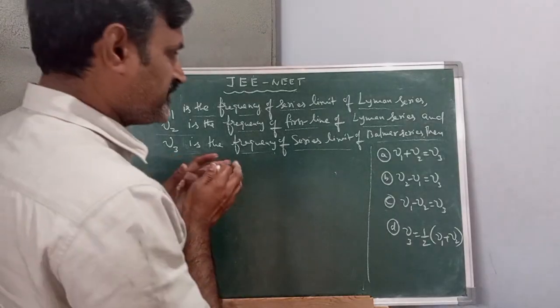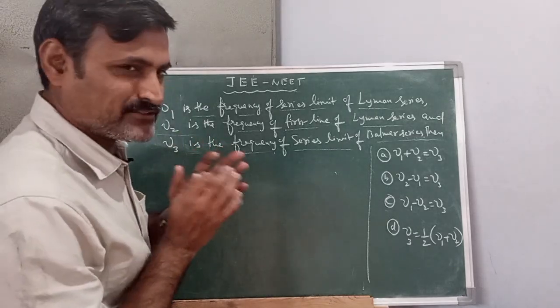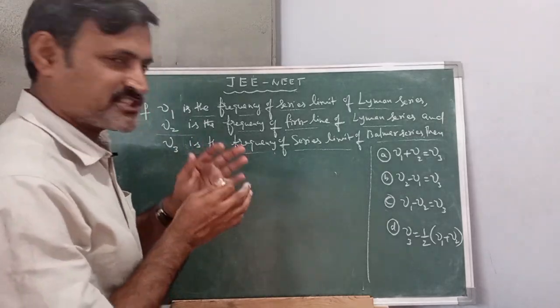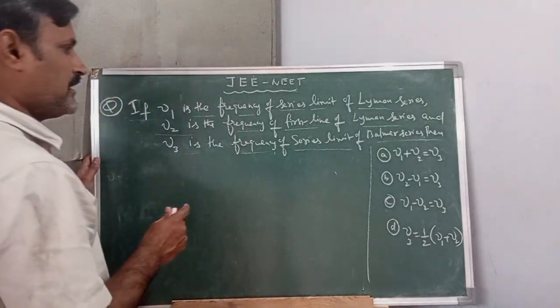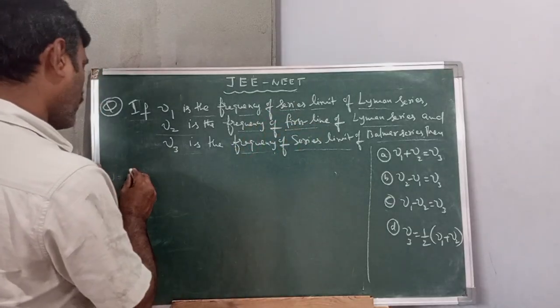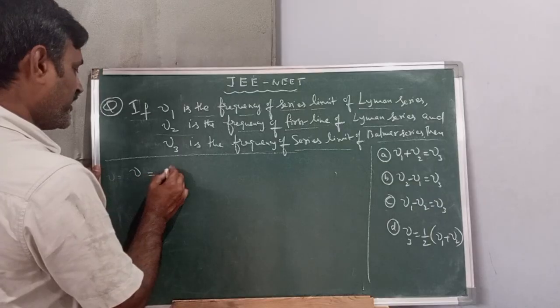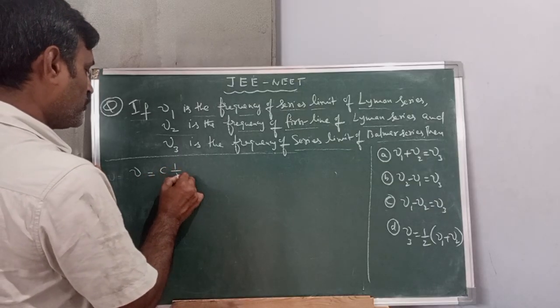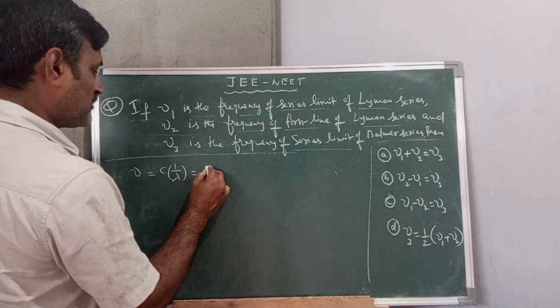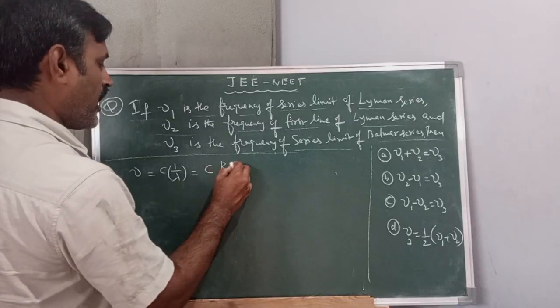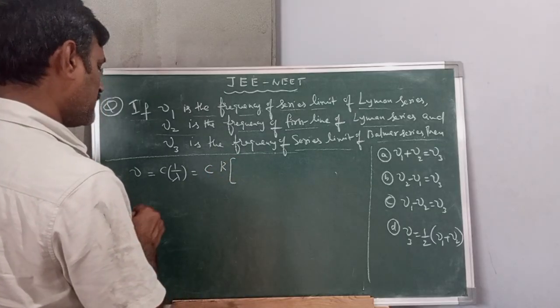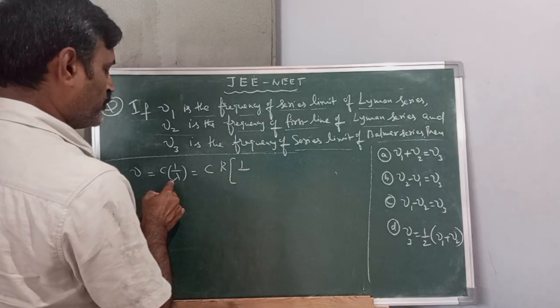First of all, we should know the frequency formula, the Rydberg equation for Balmer series or Lyman series. The Rydberg equation known to us is nu equals C into 1 by lambda, that is equal to C into R into nu bar.